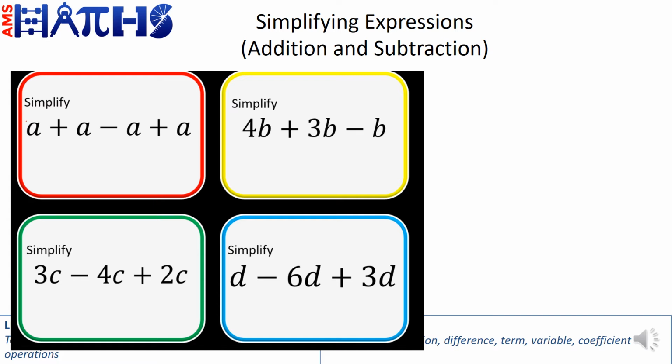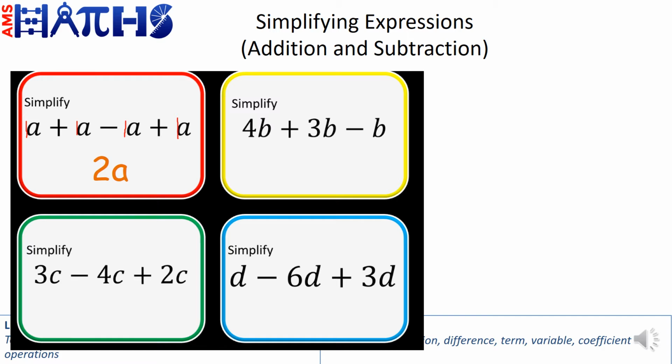So we have 1a plus 1a, which gives us 2a's. Then we need to subtract 1a from that, so we're left with 1a. Then we need to add one more a, and so our answer is going to be 2a.